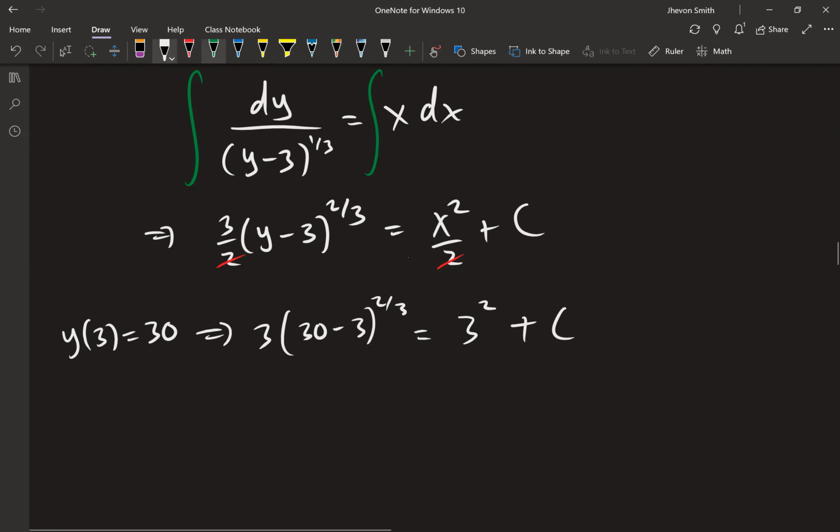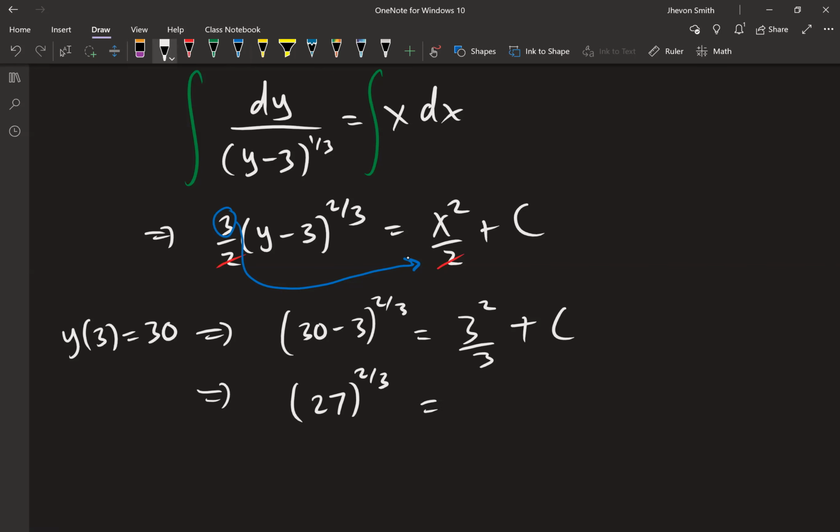So my c would be 3 times 27 to the 2/3. Let me move this guy over to make it look a little nicer, over 3.